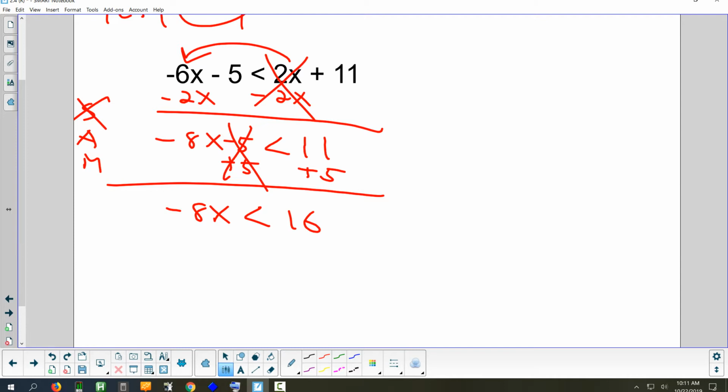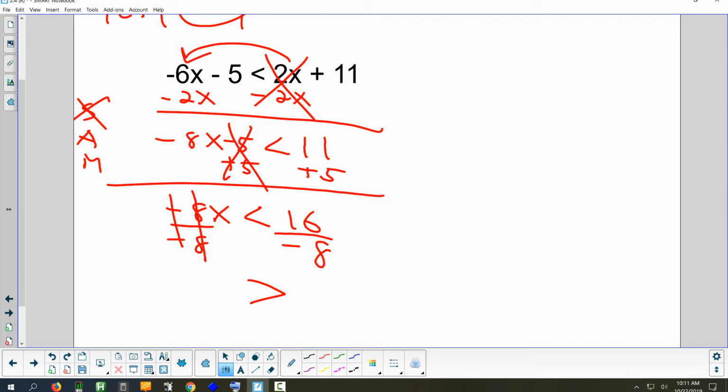Now, this is the kind of problems you guys did last week. One step. Okay, we've got it down to as simple as it can be before we finally get x by itself. I'm going to divide by negative 8. Negatives are gone, 8s are gone. Now, what should I do so I don't forget right away? Flip it. Flip it around.